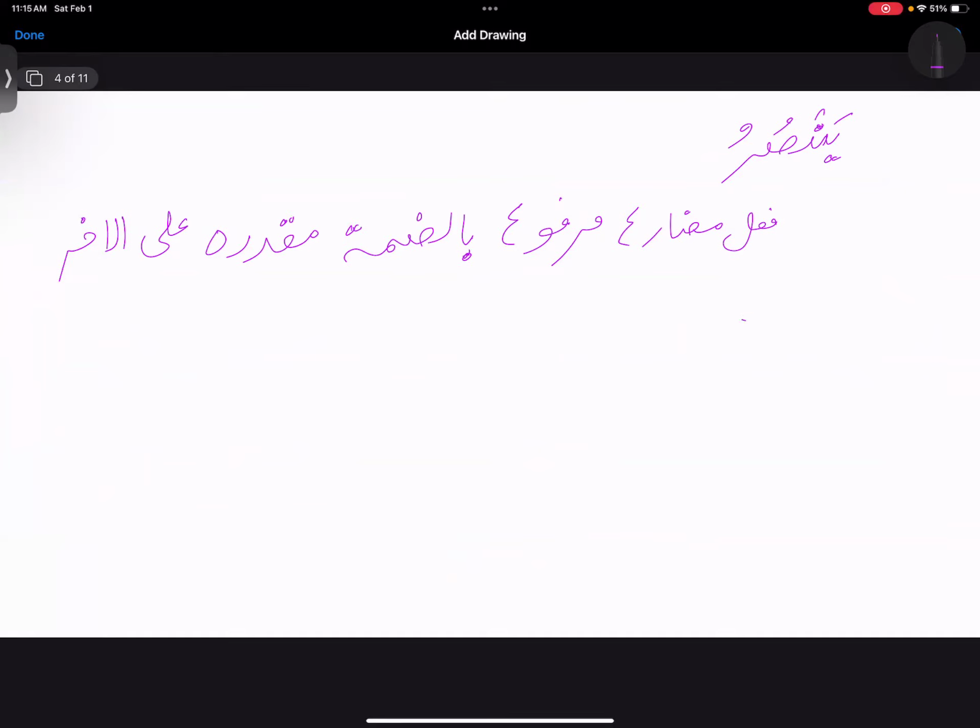And then you can say Fa'iluhu, again mustatir. Why mustatir? It's hidden, it doesn't show. Taqdiruhu Huwa.